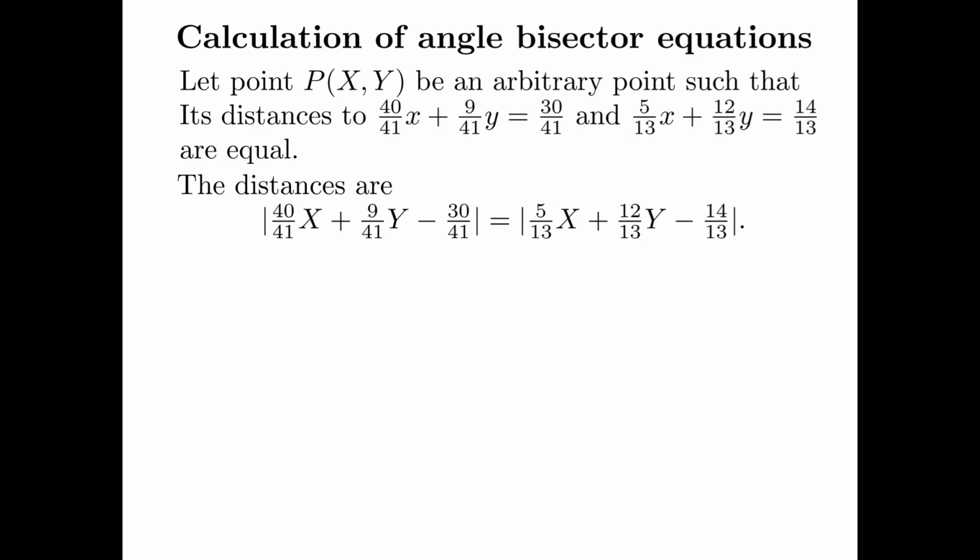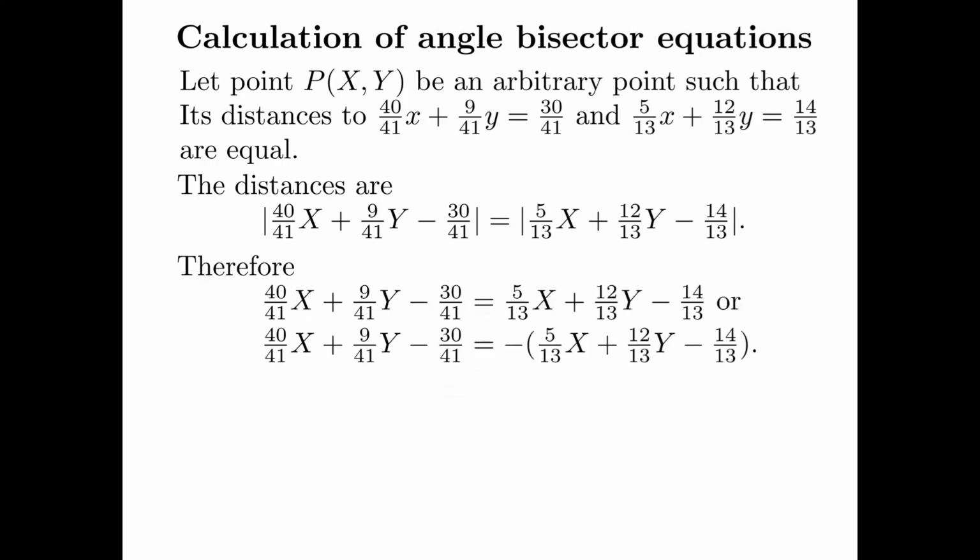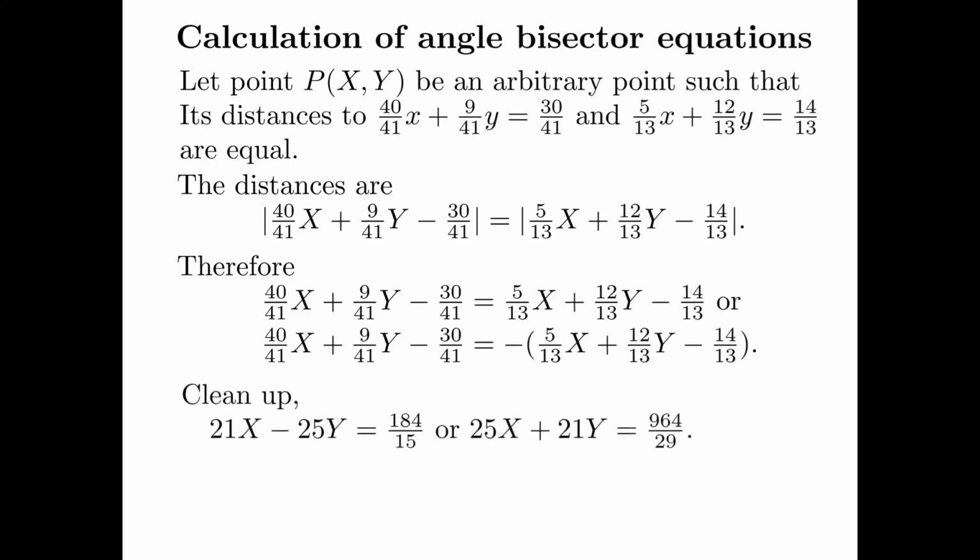We have an equation with two identical absolute values. There are two cases. One, the two values are the same, or two, one equals the negative of the other. Simplify it, we get 21x minus 25y equals a fraction.